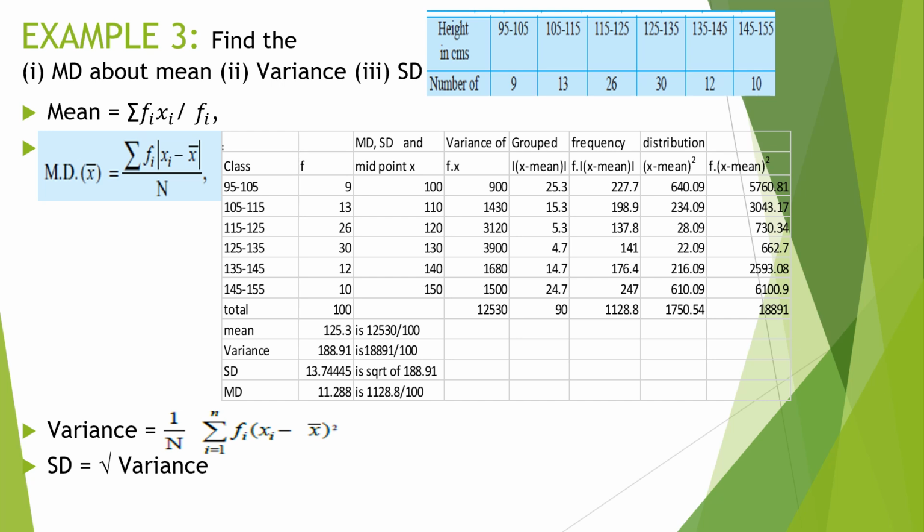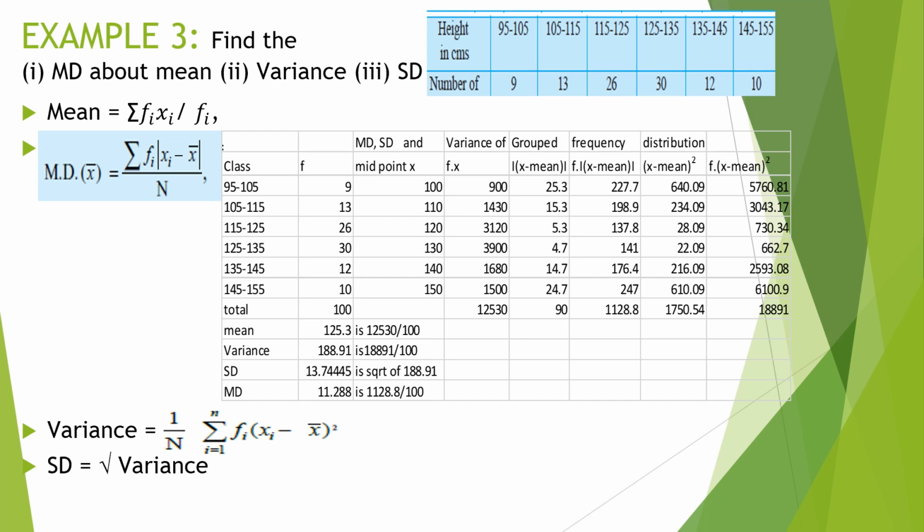Next, you find the mean deviation about the mean. The formula I have given is sigma fi into absolute value of xi minus x bar, upon n. So next make a column for the absolute value of x minus mean. For the first observation, 100 minus 125.3, and its absolute value is 25.3, and so on. Find all the absolute values of x minus mean and multiply them by the corresponding frequency.